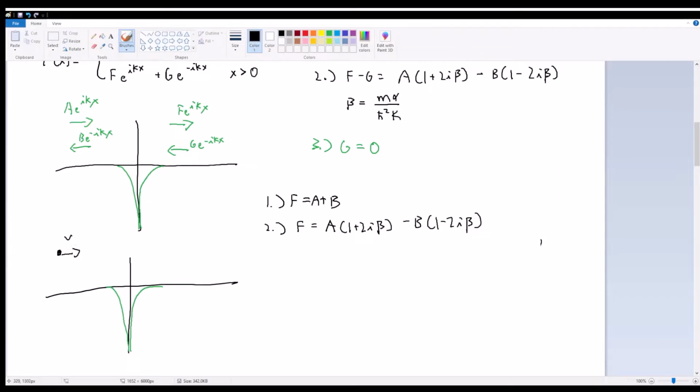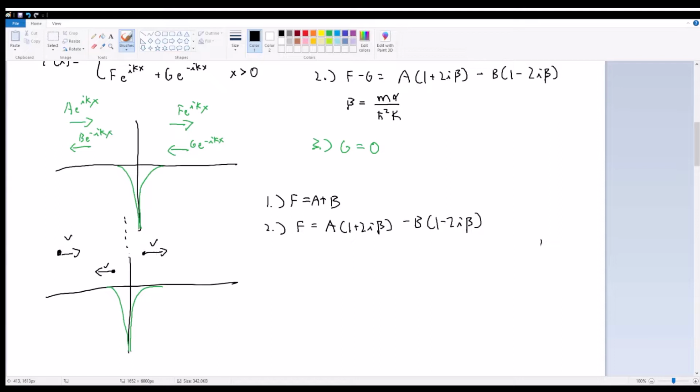It reaches this well, and there are 2 possible outcomes. In case 1, the particle gets reflected, going this way now with speed v, or in case 2, it makes it through the barrier, and you now have a particle going this way with speed v.